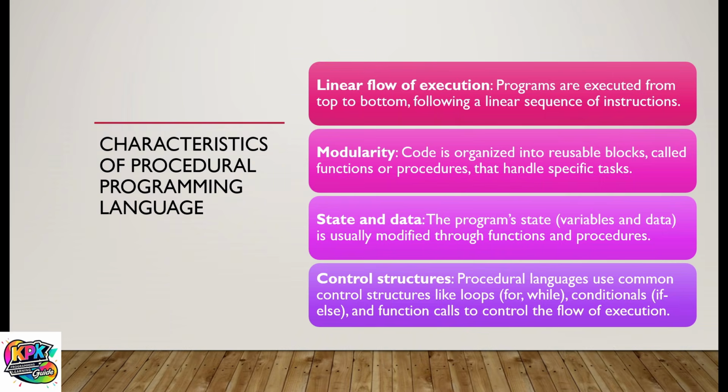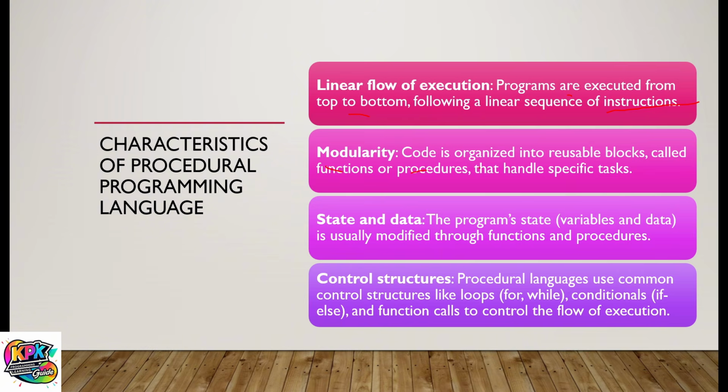Characteristics of procedural programming languages. It has a linear flow of execution. Here we are saying that programs are executed from top to bottom, following a linear sequence of instructions. Modularity: code is organized into reusable blocks called functions or procedures that handle specific tasks.